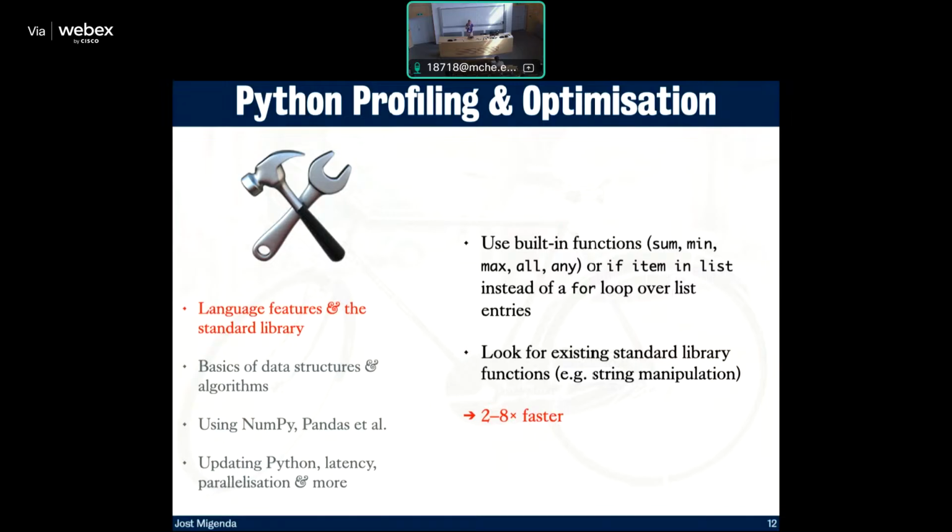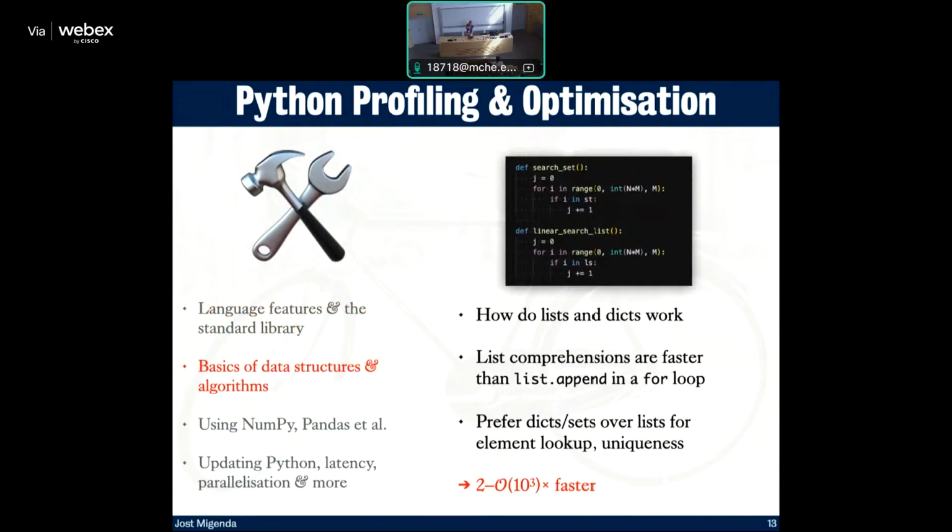Next, we talk about basics of data structures and algorithms, talk about how lists and dictionaries work internally, and explain why, for example, list comprehensions are often faster than running list.append in a loop.